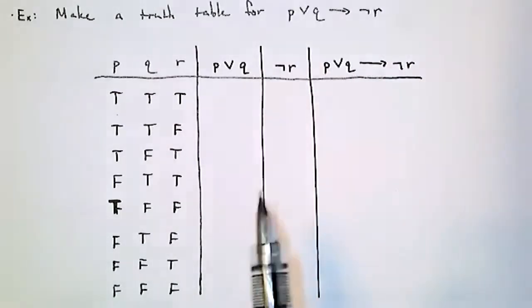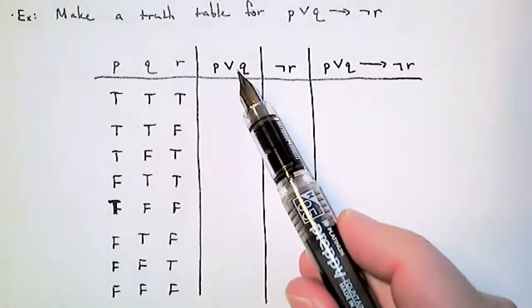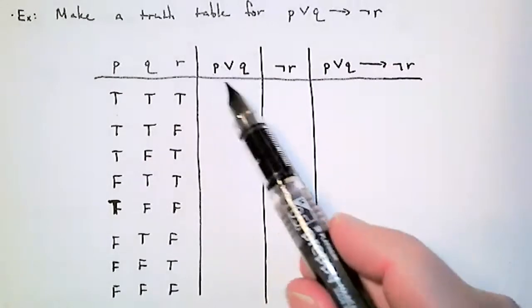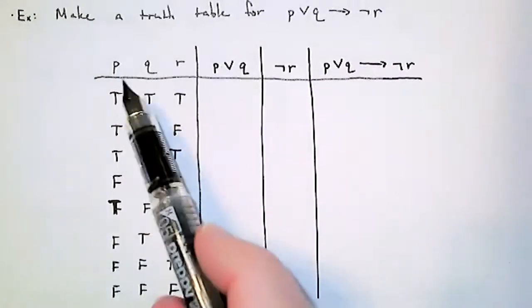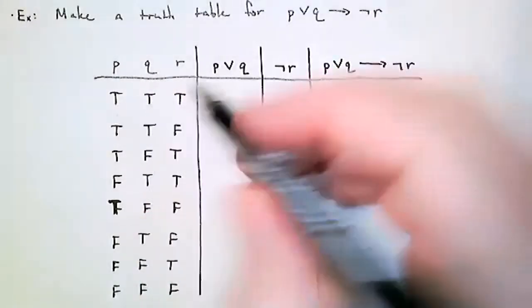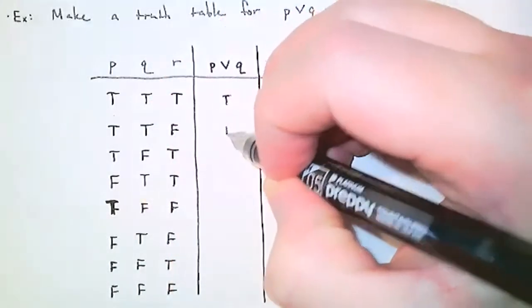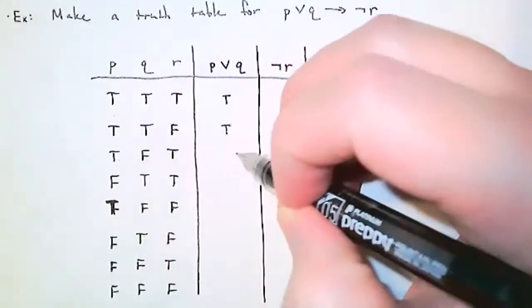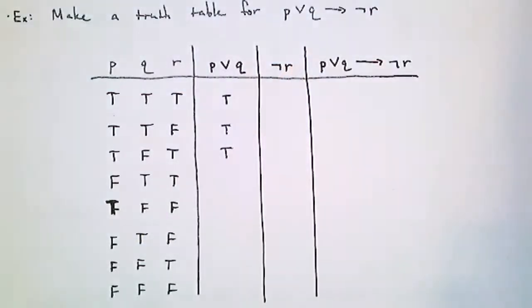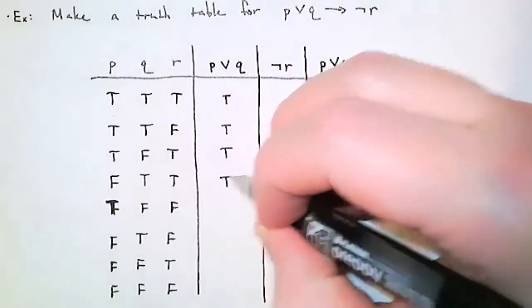So for these columns, we just have to think back to last time. P or Q, the disjunction, is true as long as at least one of these 2 statements is true. So here we have 2 trues again. There's 1 true, but that's still true, the or statement. And again, we have 2 trues.